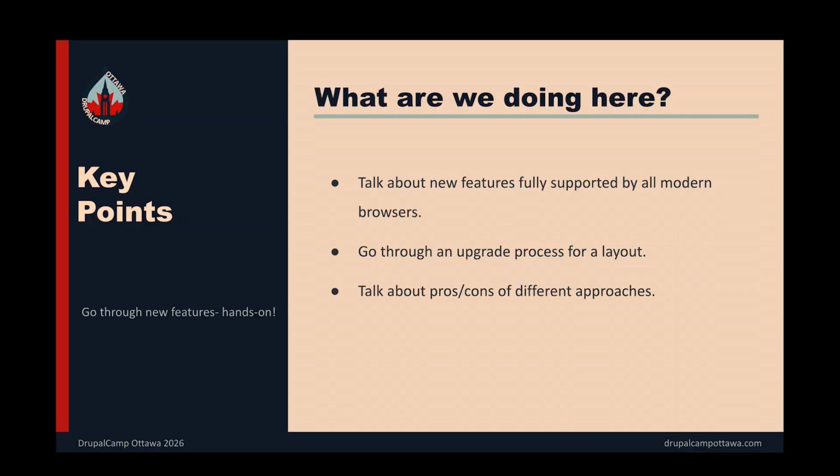And then we'll talk about some pros and cons of different approaches to modern ways of doing things in CSS, because at first they might look like, oh, this is amazing, this takes 2 seconds and now everything's done. There are considerations you have to take, and some things that don't quite work the way you might think, even though it looks automatic. You still have to do a little bit of heavy lifting.